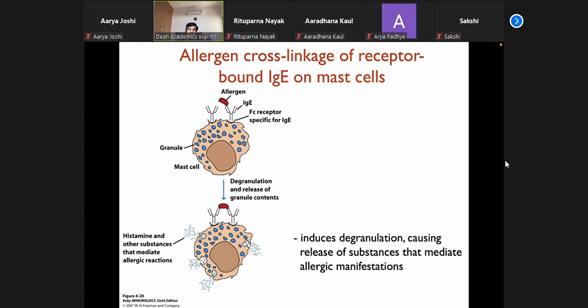As soon as you get exposure to these allergens, these histamines are released, and histamines act on your blood vessels, right? For example, you get swelling in your respiratory tract, you have difficulty in breathing, so these blood vessels get dilated, rather than constricted, right? And as a result, you get all the symptoms associated with allergic responses.